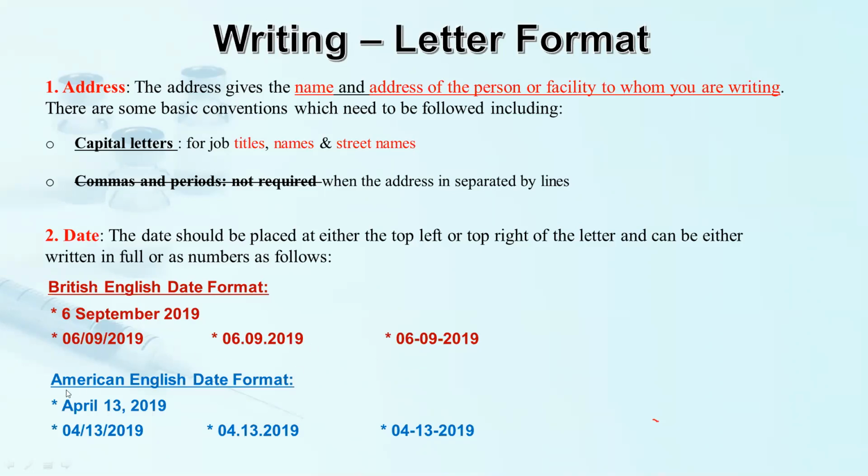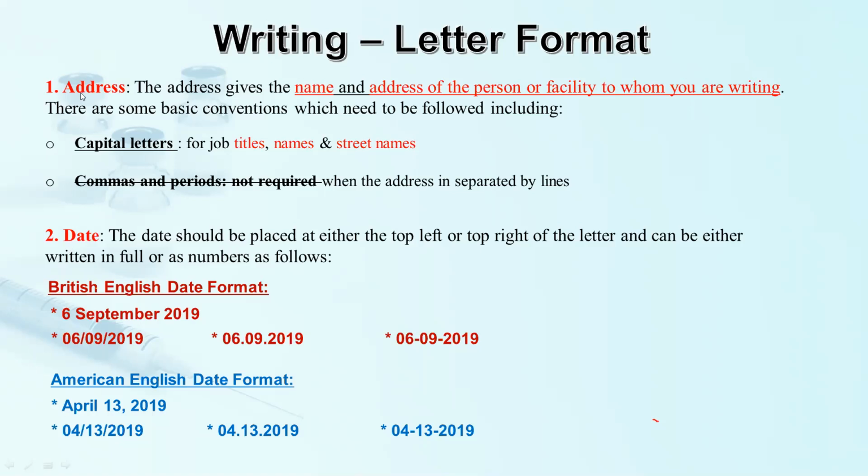While in American English date format, you write the month first, April 13, 2019, or start with the date of the month, April 13, 2019. This is regarding the date.